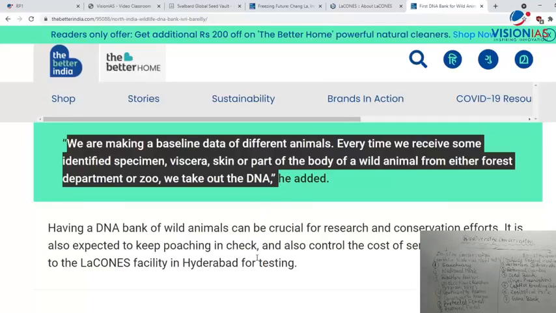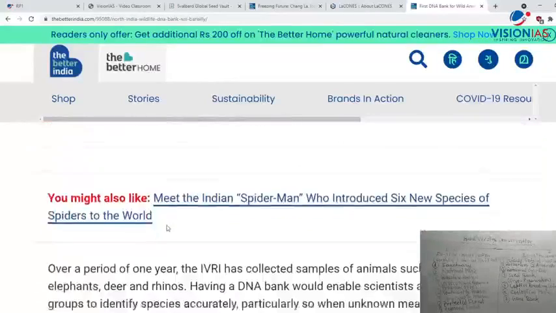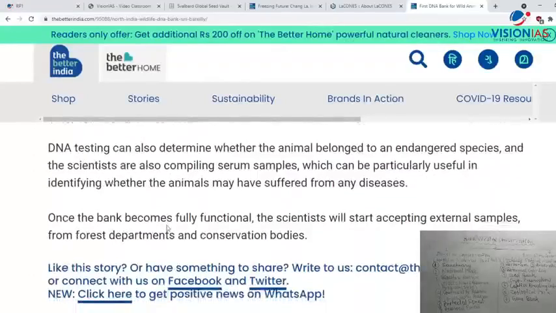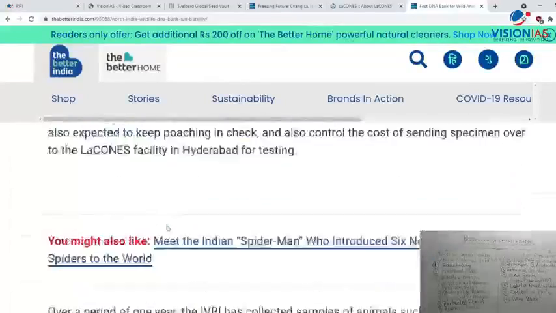Sometimes what happens is illegal killing of animals and illegal trade in parts of animals, tiger, elephant, rhinoceros or deer or any animals. So the department which catches such samples can verify them through this DNA bank. This can be done with the DNA bank, right? So it is now fully functional. All these are fully functional there.